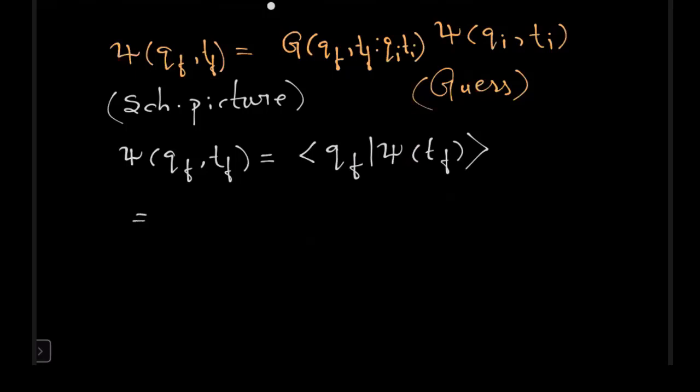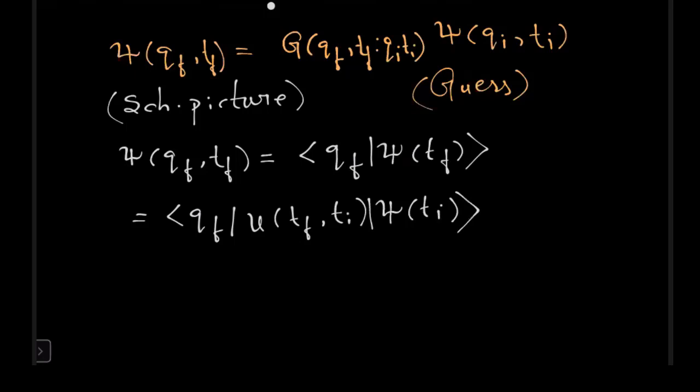One more step I can add, so I can write it as qf, and remember what psi of tf is: it is u of tf comma ti multiplied with the state psi of ti. We just applied what we obtained from the Schrodinger equation, because this is the state at a final time, and I represented it in terms of a state at the initial time with the help of the time evolution operator.